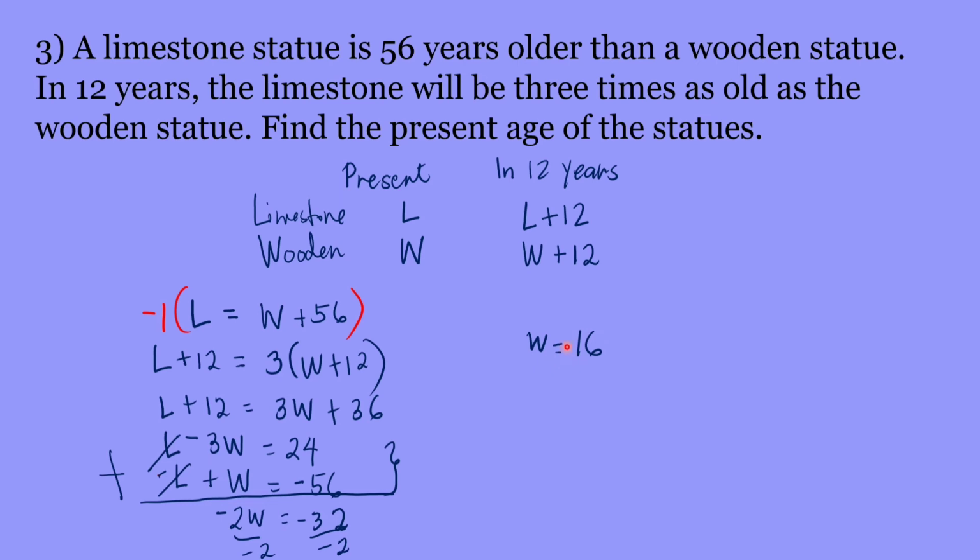Okay? Now, from this first equation, we can see that L is equal to W plus 56, and W is 16. Therefore, L is equal to 72. So the present ages, we can write the answers.